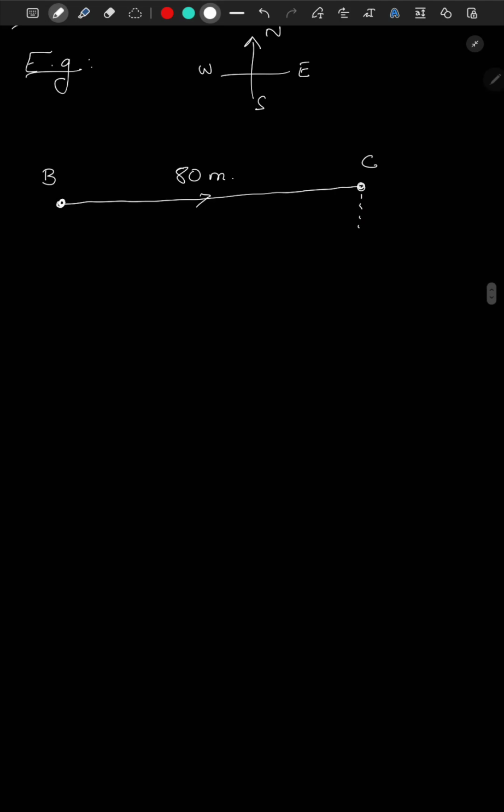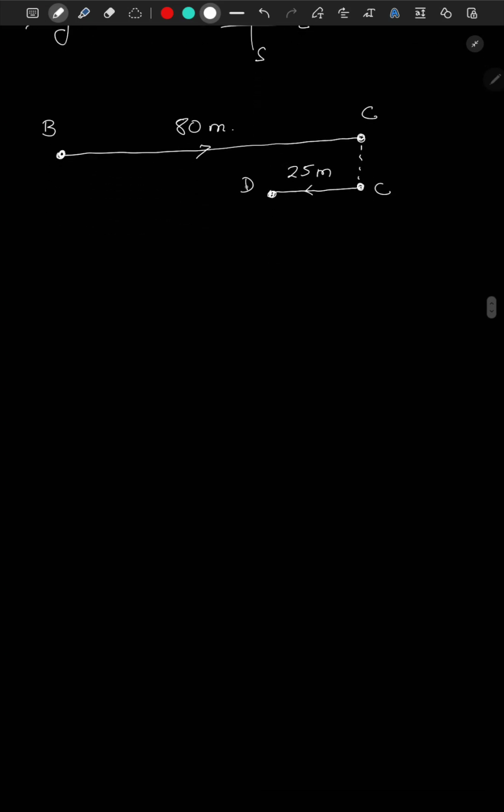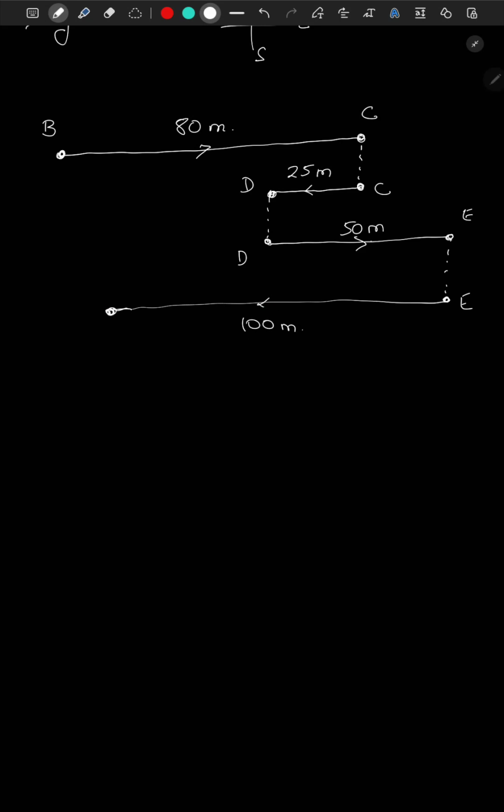Now from the point C, you travel 25 meters towards the west direction, and then you reach point D, and from point D you travel again towards the east 50 meters, and you arrive at point E, and then from point E you travel back along the west direction 100 meters, and then you are only some distance from your starting position.